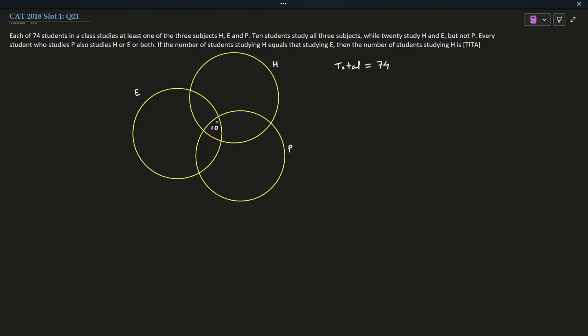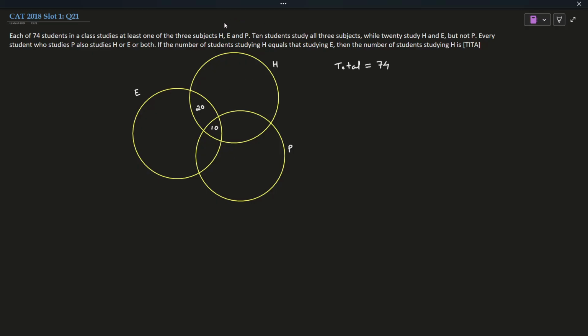This region comes under E, H, and P. While 20 study H and E but not P, so this will be 20. This is the region which includes students studying E and H but not P, outside P.